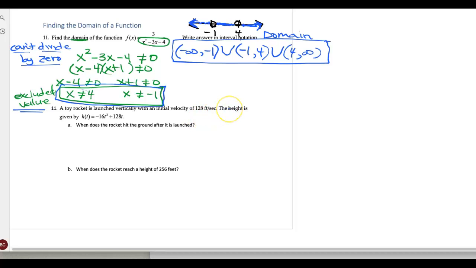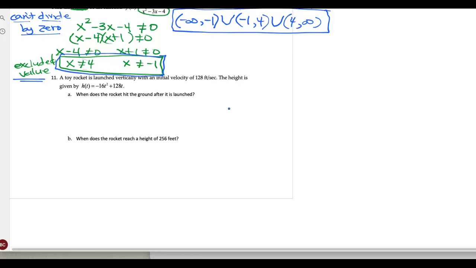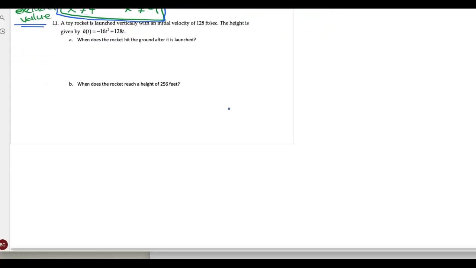Okay. All right, let's look at number 11 now. So this is kind of like a little story problem involving something that we're trying to solve for here. A toy rocket is launched vertically with an initial velocity of 128 feet per second. The height is given by this, right?